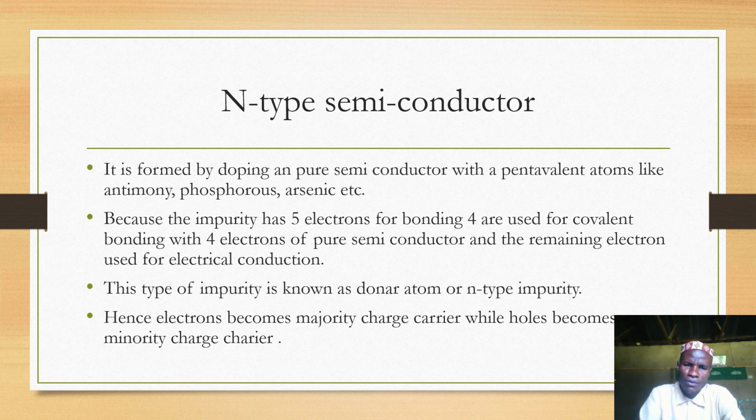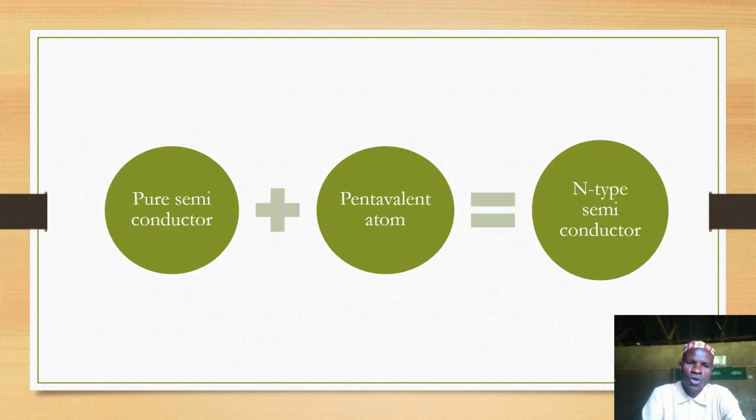This type of impurity is known as a donor atom or an N-type impurity. Hence, electrons become the majority charge carriers while holes become the minority charge carriers. So, when we have a pure semiconductor and we add a pentavalent atom, we form an N-type semiconductor.